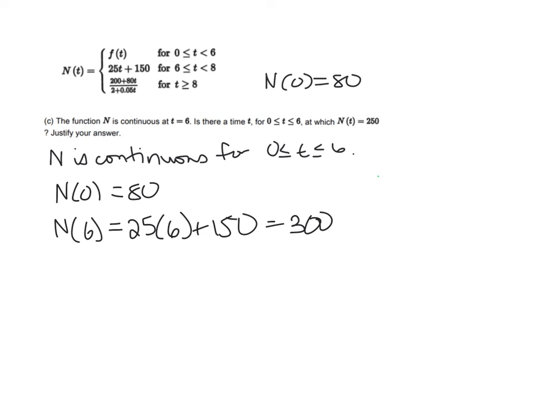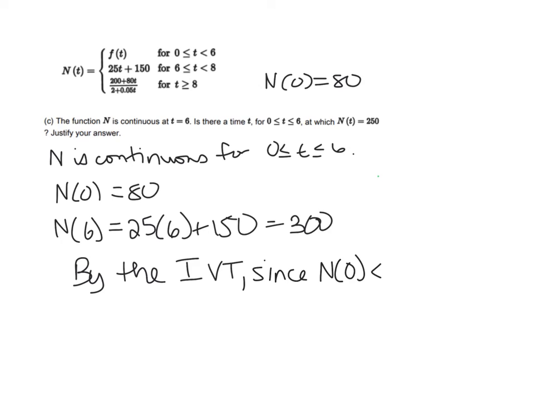The last thing that we need to do is mention the intermediate value theorem. So I'm going to say by the intermediate value theorem, if you say IVT, that's okay, since we know that 250 is between n of 0 and n of 6, that means that n must hit 250 at some point between t equals 0 and t equals 6.